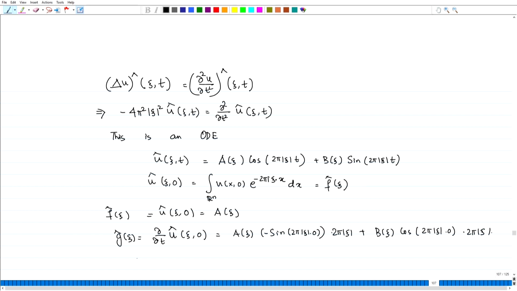So, this will imply 2 pi mod xi times b(xi) is equal to g hat at xi. So, b(xi) is equal to g hat by 2 pi mod xi.